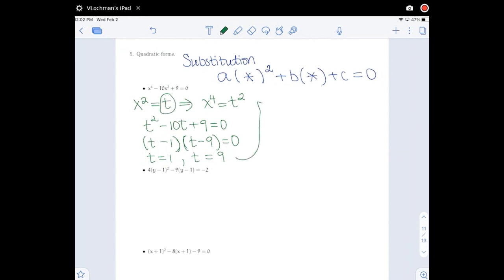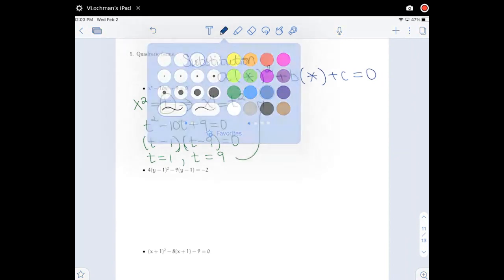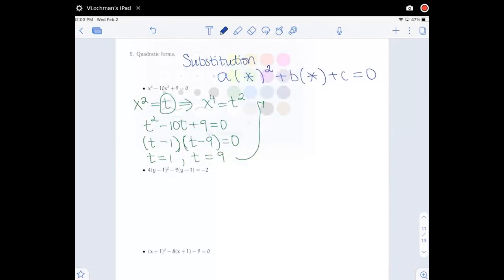Now we go back and substitute it back into our original variable. So if x squared was t, then x squared is equal to 1, and x squared is equal to 9. From here, we get 4 solutions, right? So x is equal to plus or minus 1, and x is equal to plus or minus 3.